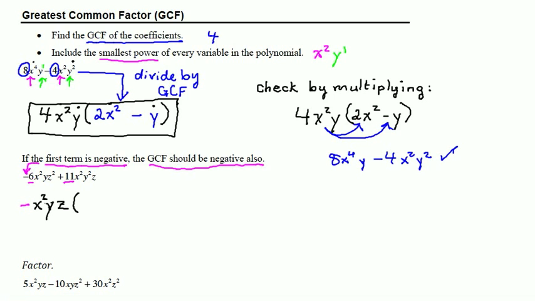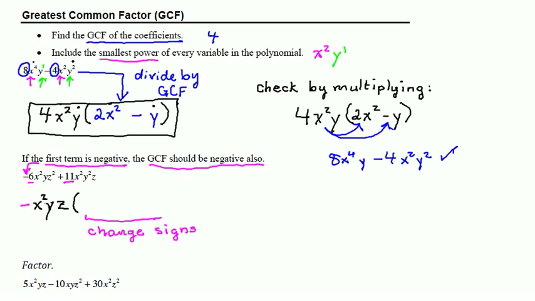Also note that anytime you factor out a negative GCF, you're going to see all of the signs change in the polynomial that you're factoring out of. So in this case, we have two terms. We're going to change the signs of both of these terms due to the fact that we are factoring out a negative GCF.